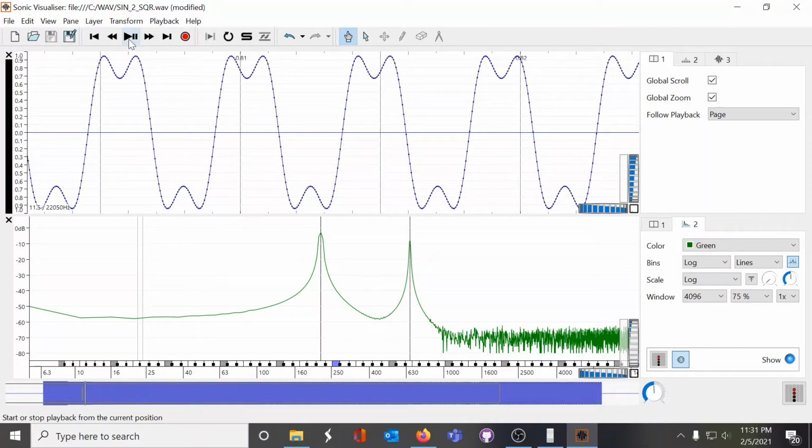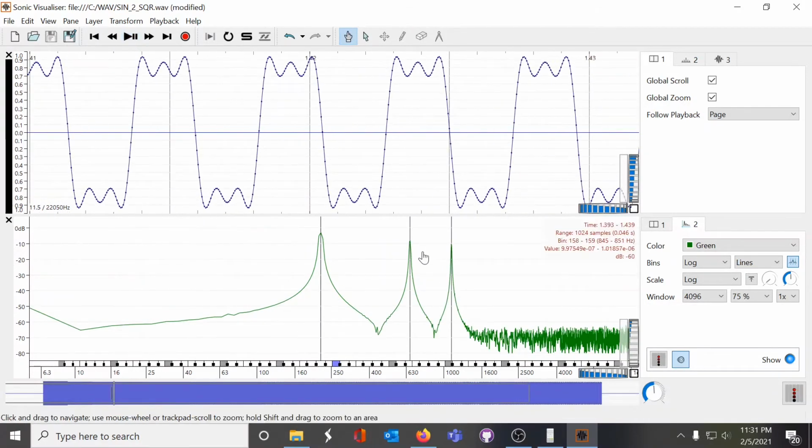As we continue on, now there's another tone. This time it's at 1.1 K, which is the fifth harmonic. Now the fifth, when added to the fundamental and the third in the time domain, does this.